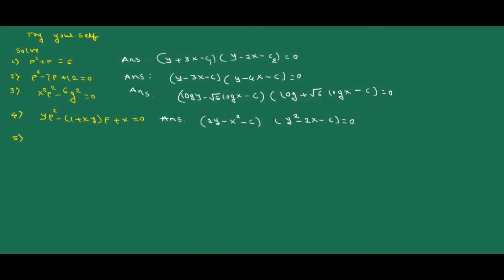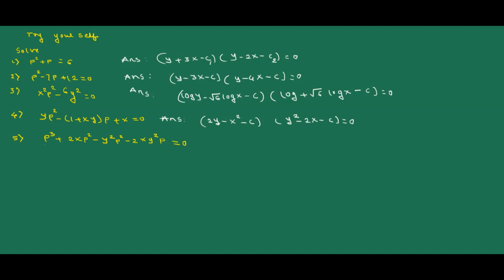Next example, solve p cube plus 2xp square minus y square p square minus 2xy square p is equal to 0.